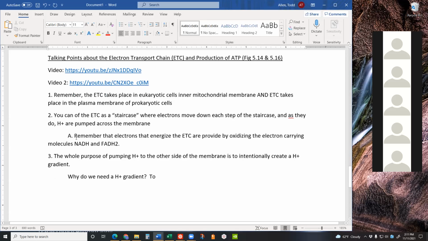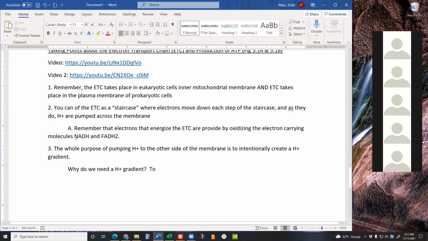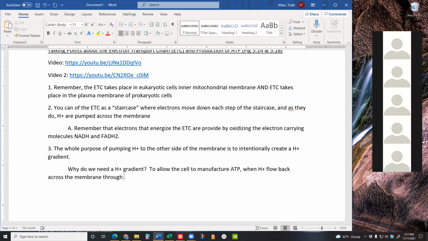So why do we need a hydrogen ion gradient? To allow the cell to manufacture ATP when hydrogen ions flow back across the membrane through a special enzyme called ATP synthase. Okay.